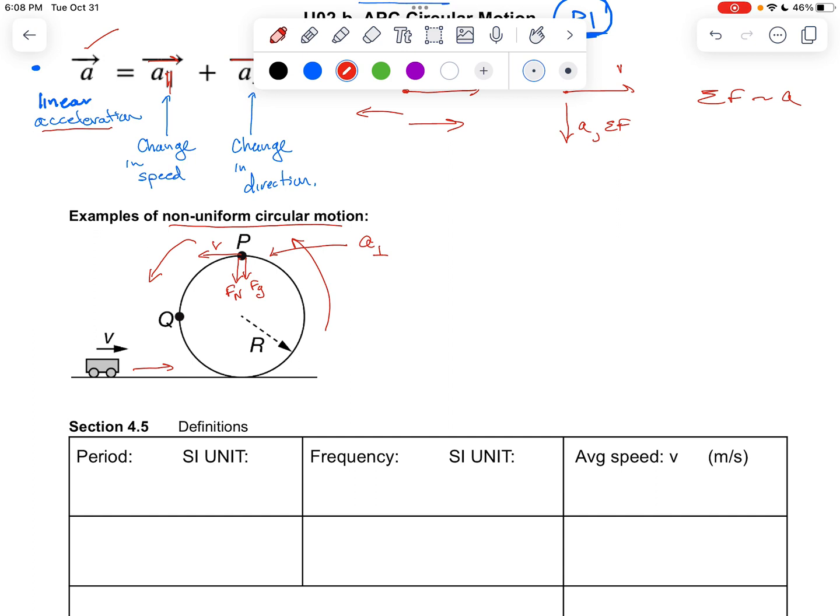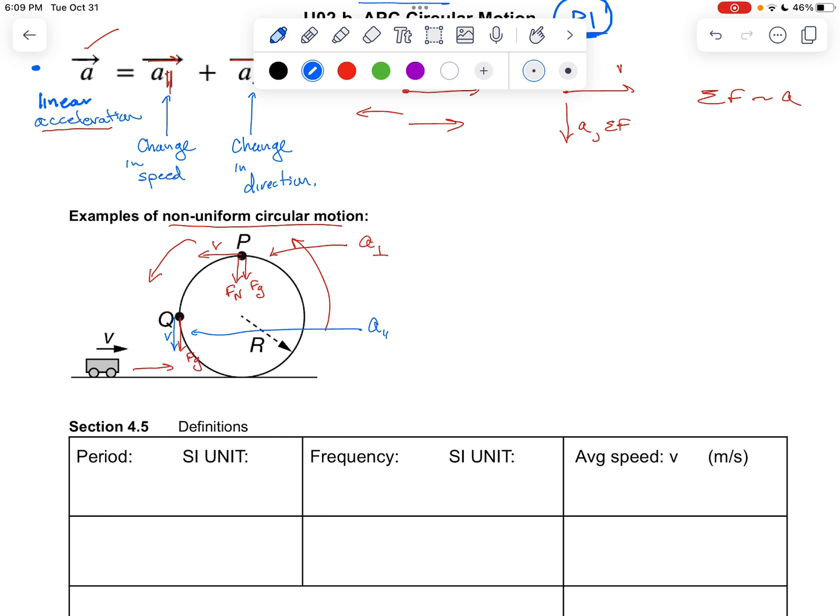Now we go to position Q, where we have the force of gravity acting downward, and at the same time, a velocity vector that is also going downward. This is associated with what we would call a parallel component, and that force of gravity would be causing that speeding up of the velocity vector. And any place in the middle, you would have a combination of both the parallel and perpendicular components. We'll certainly discuss that as we move through non-uniform circular motion.